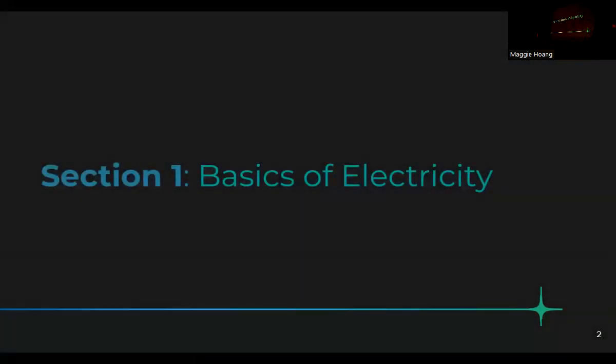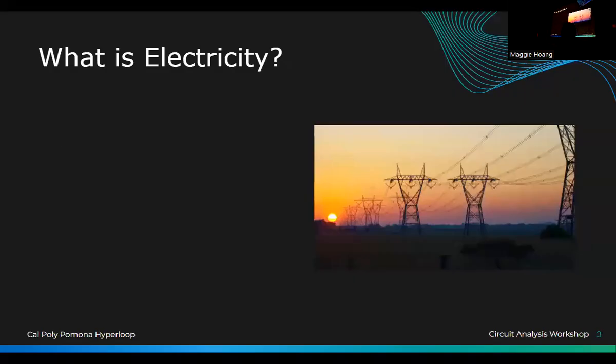Okay, so I think there's 6 sections that I split this up into. Right now we're gonna be learning the very basics of electronics. So what is electricity? Electricity is basically energy, and it's just energy that is powering a lot of our stuff.